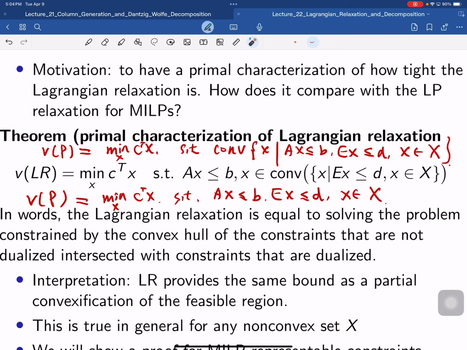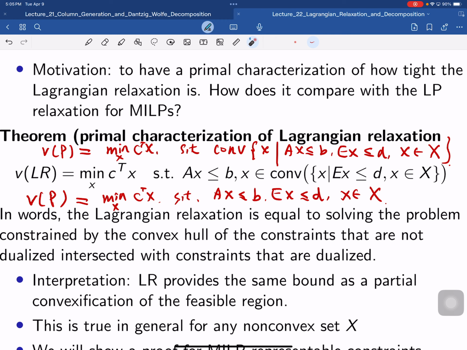It only takes the constraints you did not dualize to get the convex hull. And then you have to intersect the convex hull with the linear constraints you dualize. In other words, if you do not dualize any constraint, you get the original problem, right? So this Ax less than or equal to b, there are no constraints you dualize. Then in the extreme case, you can show that the Lagrangian relaxation is equal to the original problem.